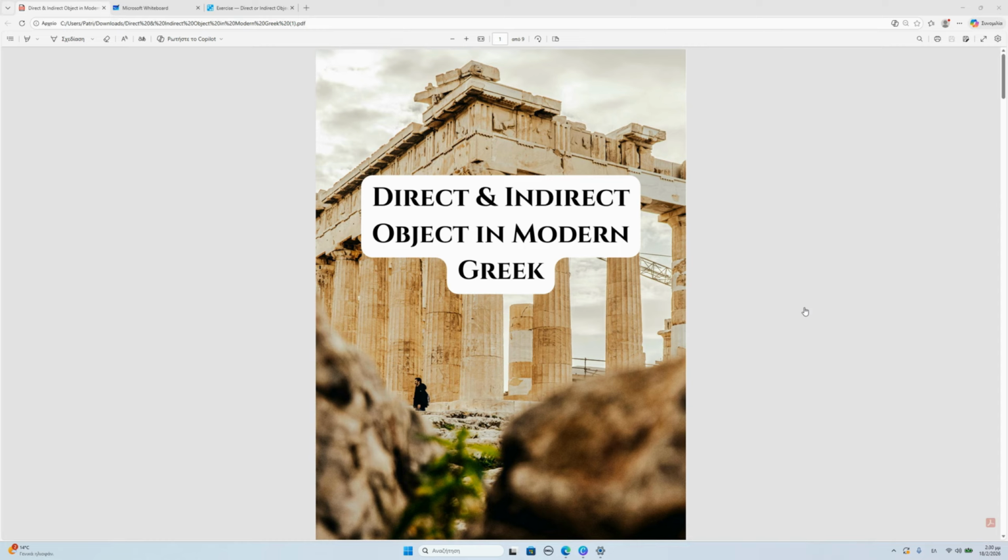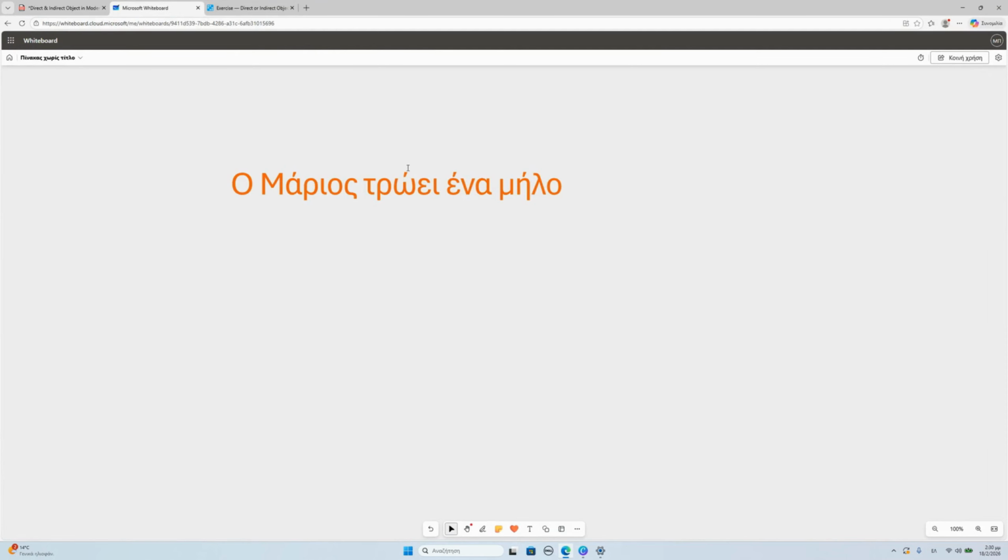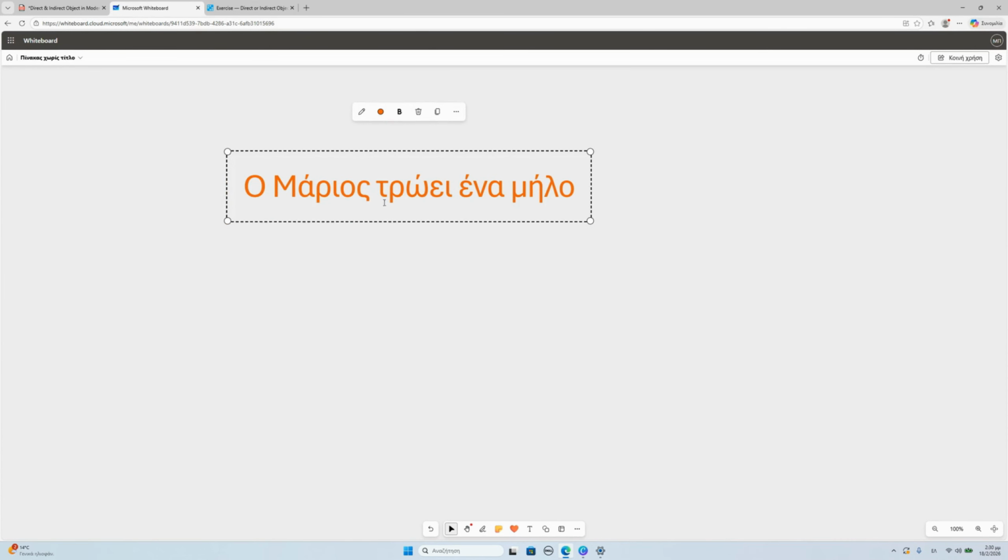So, as I mentioned before, today the lesson is dedicated to the direct and indirect objects in modern Greek. Before we start seeing those, we will start with a simple phrase in Greek. The phrase is "Ο Μάριος τρώει ένα μήλο."